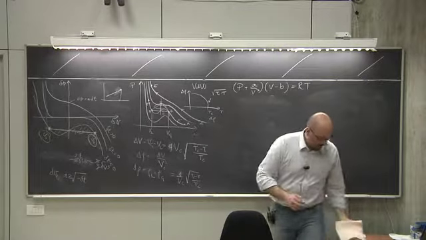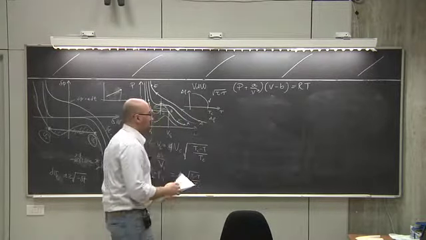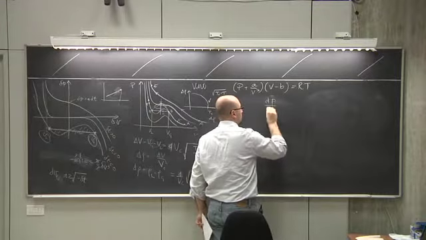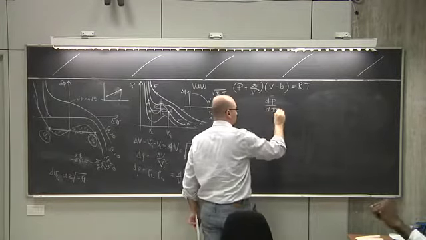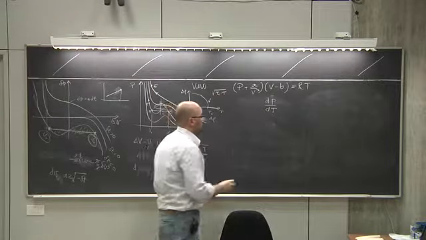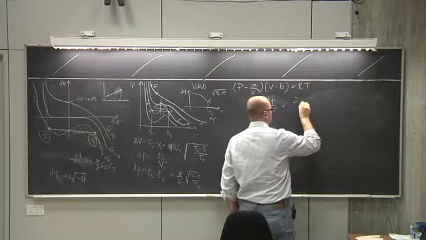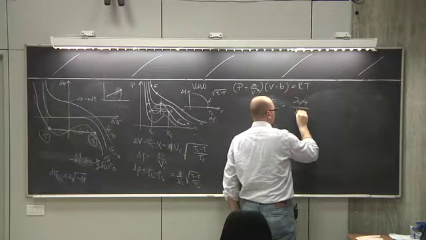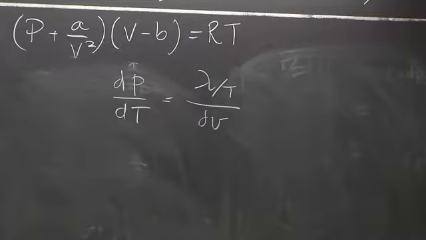Another indication for this is if we use the Clausius-Clapeyron equation, we call it the Clapeyron equation, which says that dP by dT is the latent heat of vaporization divided by T divided by delta V.